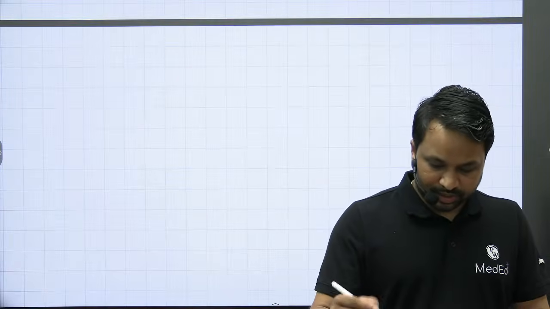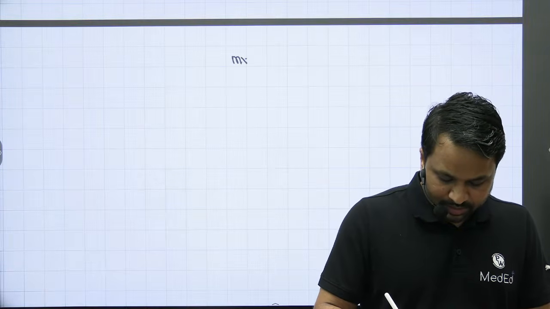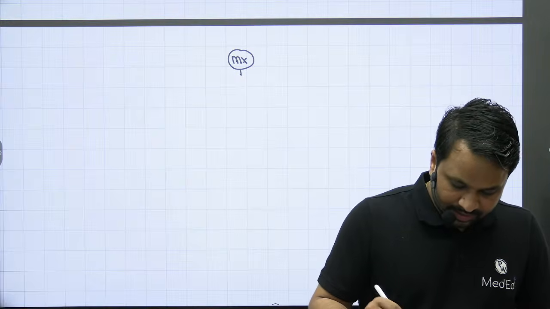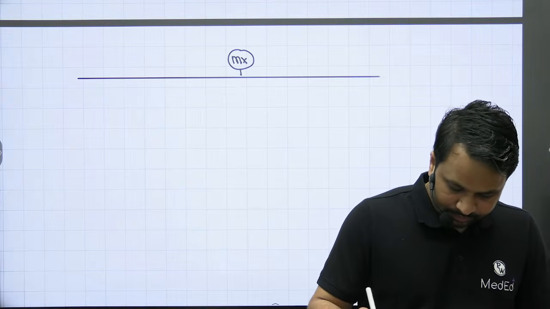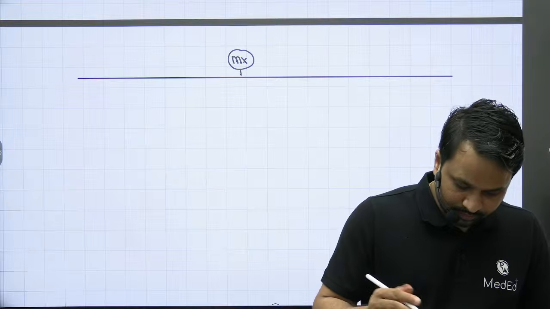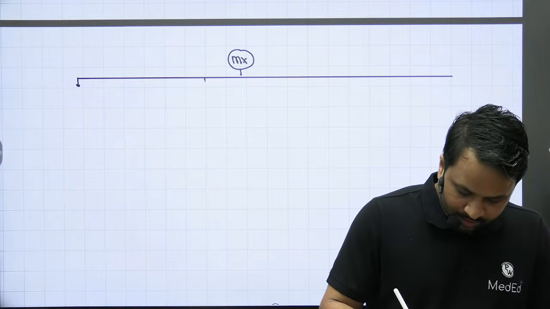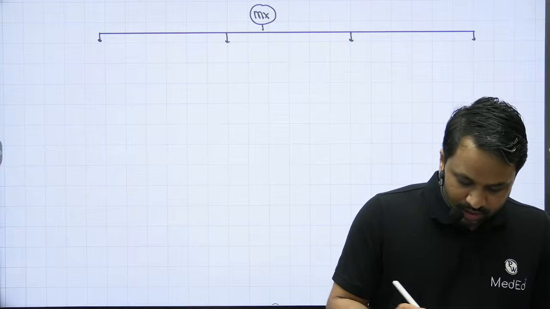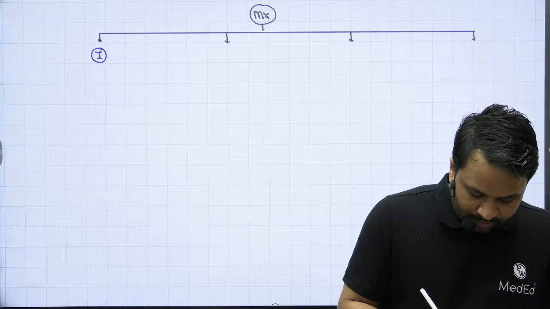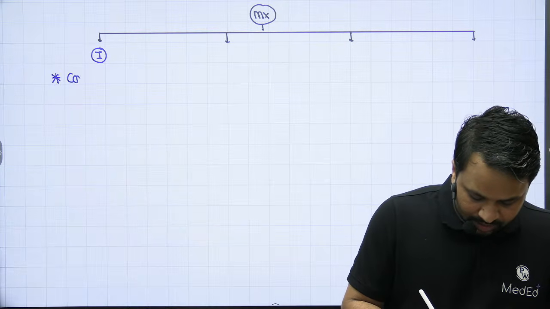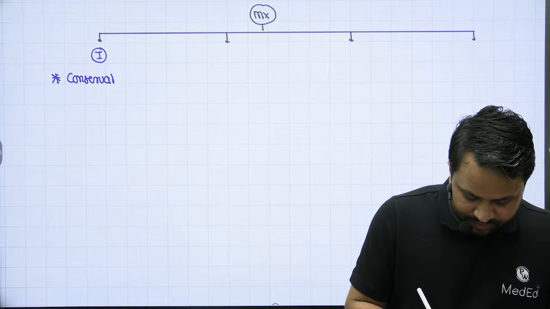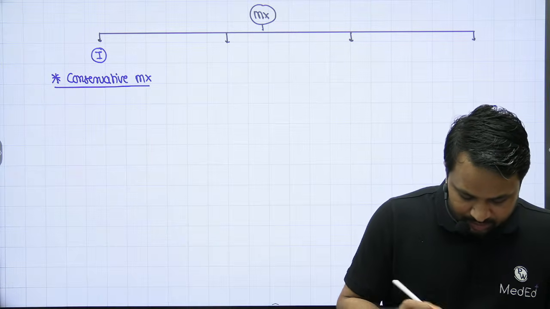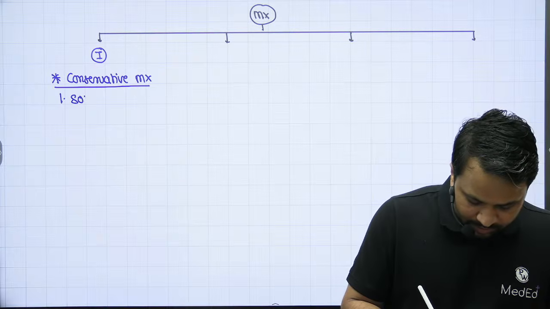How would you like to manage? In terms of management of hemorrhoids, it is a grade wise management: grade 1, grade 2, grade 3 and grade 4. For grade 1 hemorrhoids, it is going to be a conservative management. In the conservative management, we'll try to give the patient a soft diet.